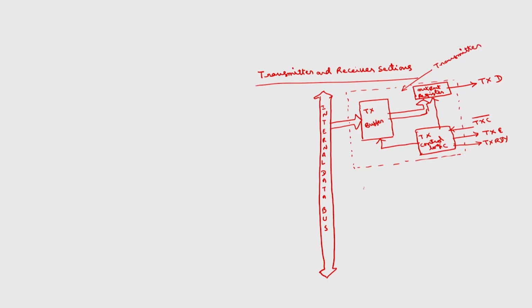Similarly, in the receiver section we have one serial to parallel converter. The data that comes in enters into the input register. In case of the transmitter we have an output register, whereas in the receiver we have an input register.